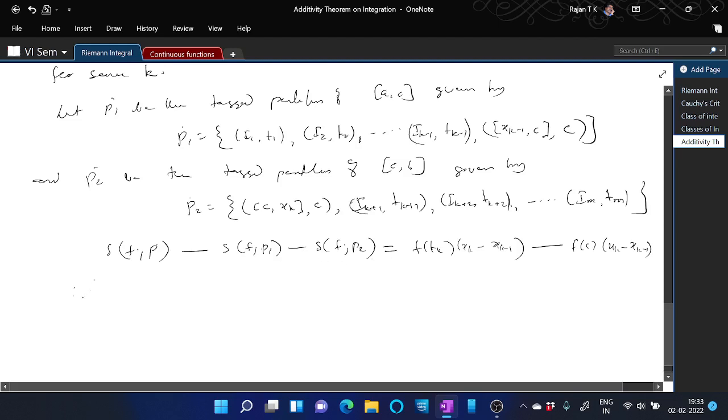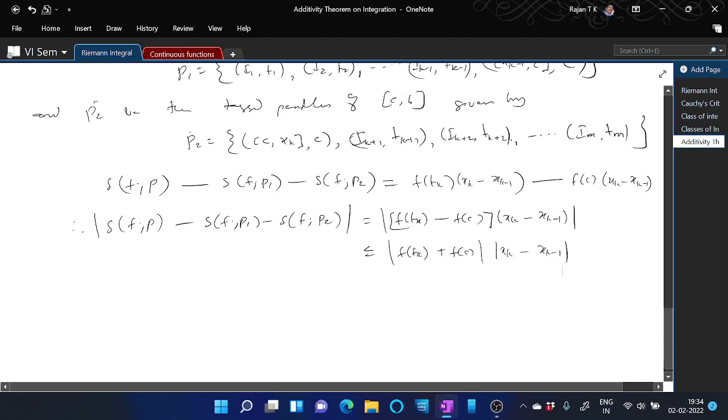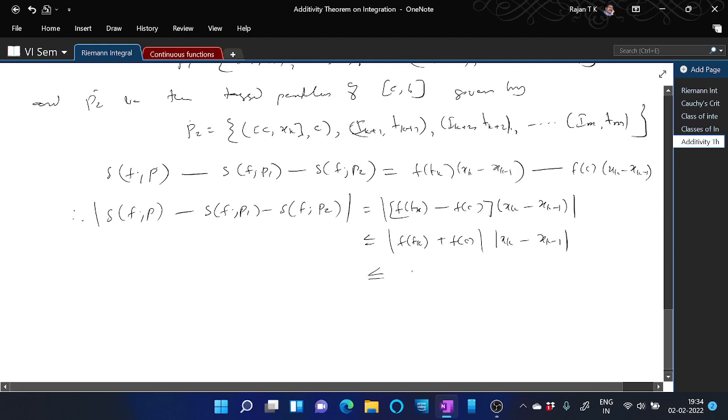And therefore modulus of S of P minus S of P1 minus S of P2 will be equal to modulus of f of tk minus f of c into xk minus 1, which is clearly less than or equal to modulus of f of tk plus modulus of f of c into modulus of xk minus 1, and this is clearly less than or equal to M plus M, because M we have taken as the bound of f.